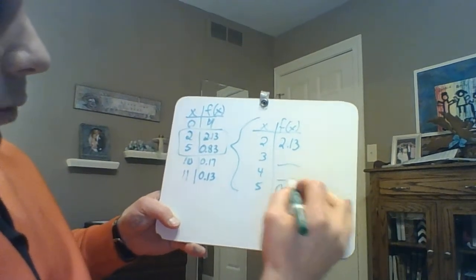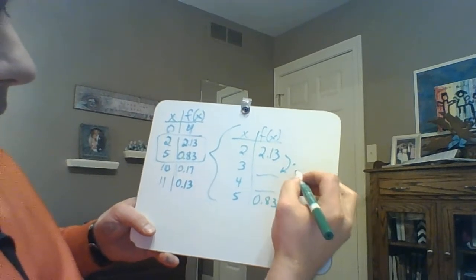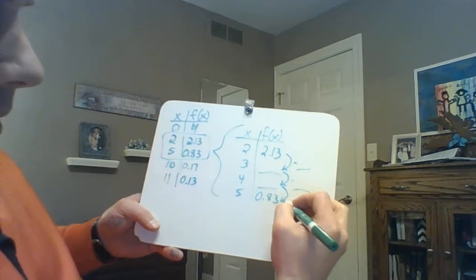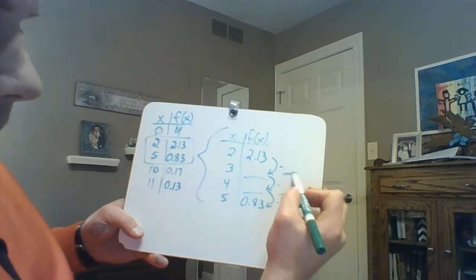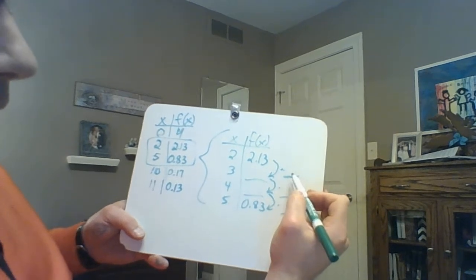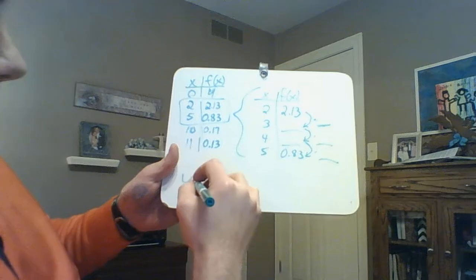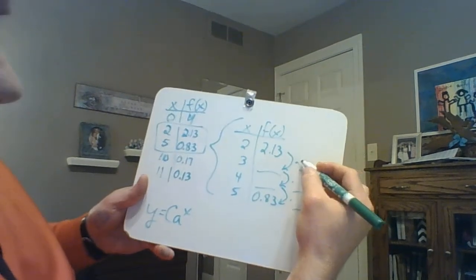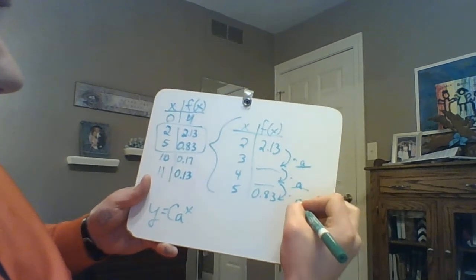And we obviously don't know what 3 and 4 are, but because it's exponential, we know that the factor it's multiplied by each time has to be the same. So there's got to be some number, in this case our decay factor, that's our a in our basic exponential function, that gets multiplied each time to go from one to the next. So there's some a here that we have to figure out.